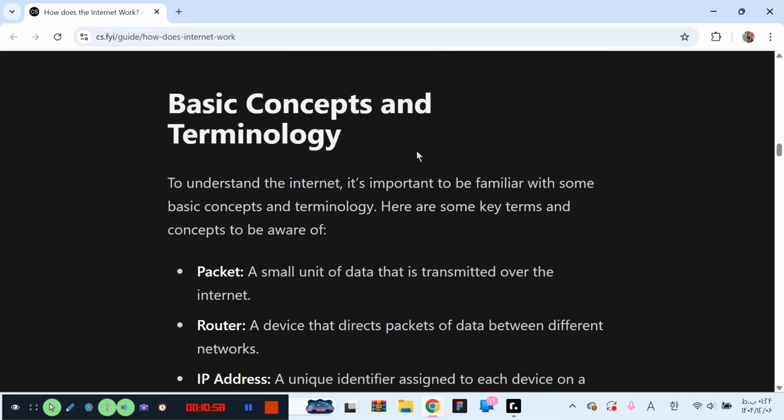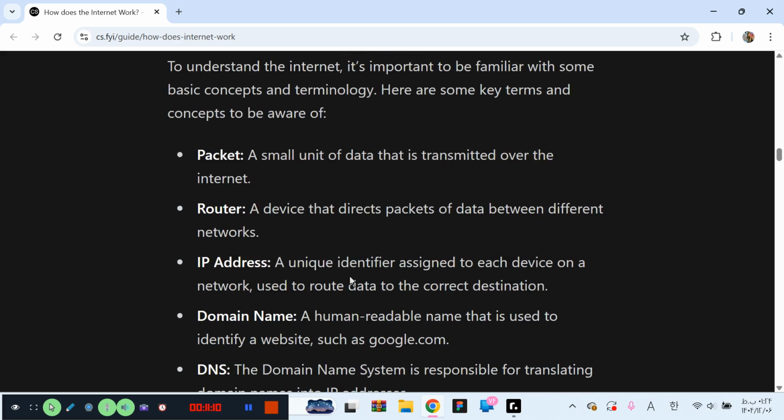Basic concepts and terminology. To understand the internet, it is important to be familiar with some basic concepts and terminology. Here are some key terms and concepts to be aware of. Packet: a small unit of data that is transmitted over the internet. Router, or "rooter", it depends if you're American or British.